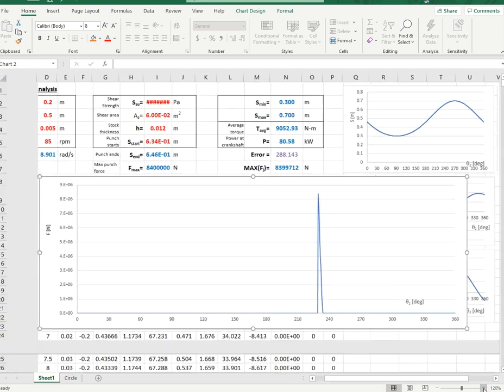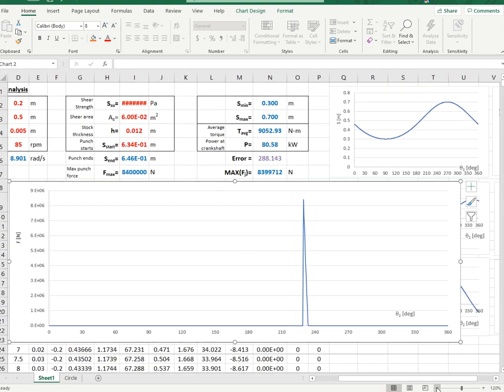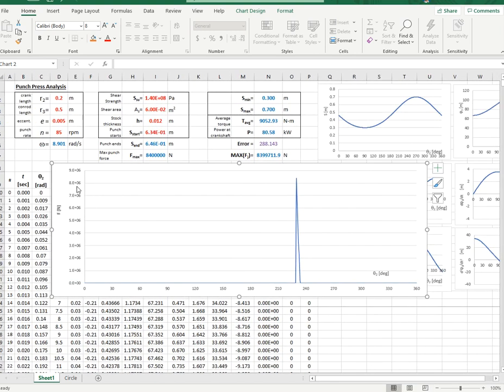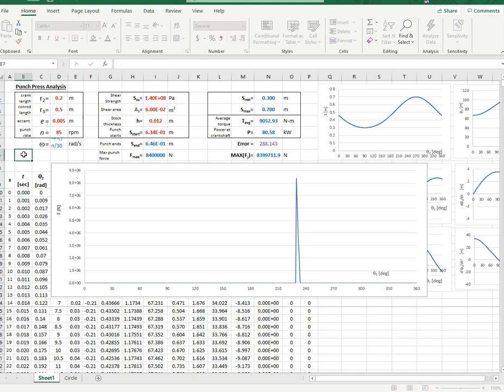This is a more general organization of the spreadsheet, where I can edit the crank radius, the connecting rod radius, and the eccentricity. This will be a positive value; a negative value would be to the left of the y-axis. This is the punch rate, the RPM of the crank. With RPM of the crank, I can calculate omega, the angular velocity of the crank.